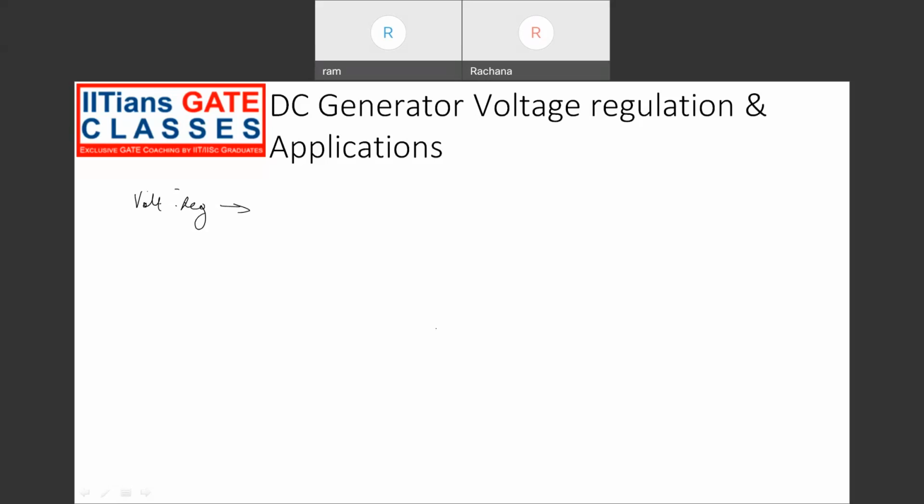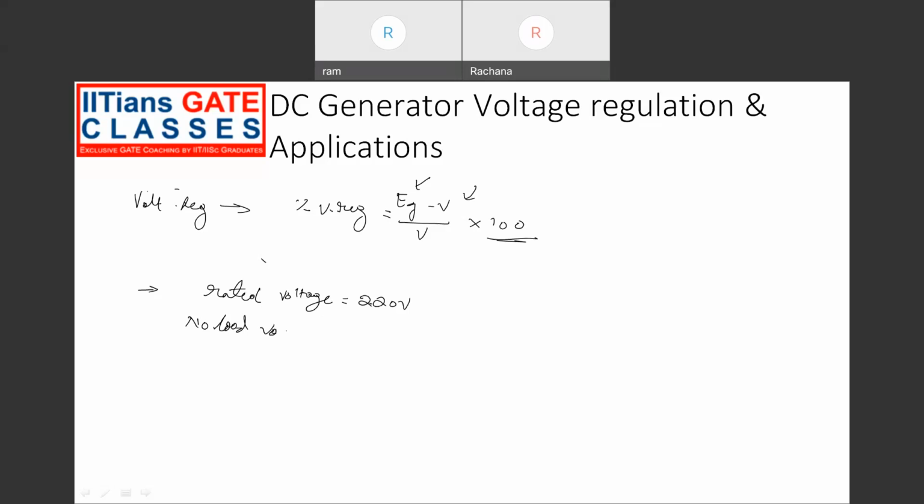So the voltage regulation percentage is given by (V no-load minus V rated) by V rated, into 100, where V is the terminal voltage. The example question: find the voltage regulation of a generator where the rated voltage is equal to 220 volts and the no-load voltage equal to 240 volts.